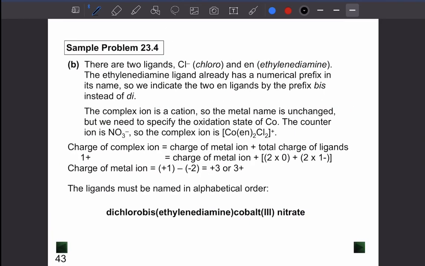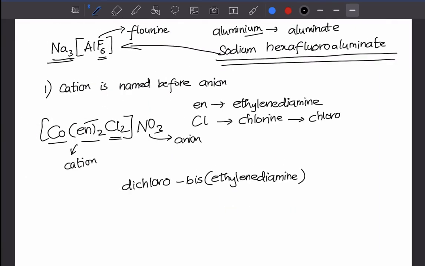So you have cobalt, but we know that cobalt has multiple oxidation states. We want to know the oxidation state for cobalt. Now let's check each of them. We notice that ethylene diamine is neutral, chlorine has a charge of -1.